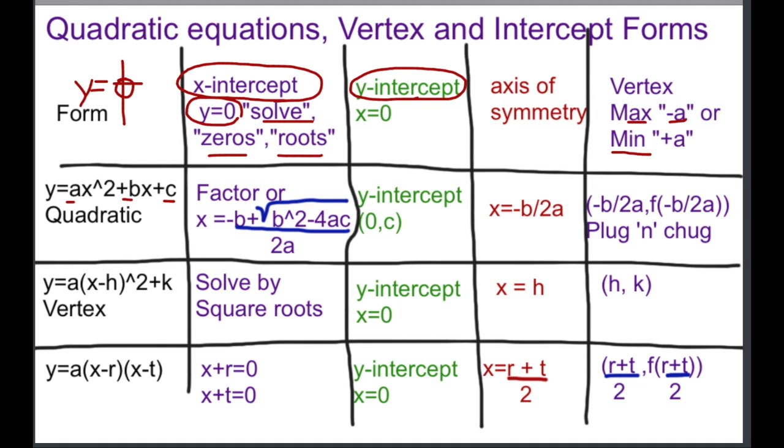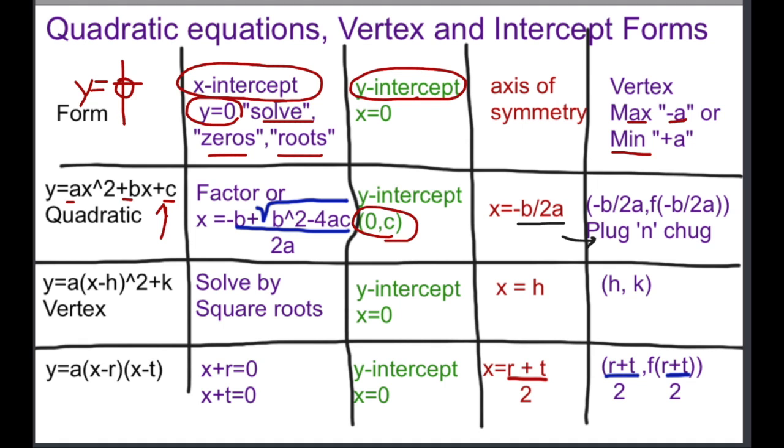Another nice thing about the quadratic form is the c, which is the y-intercept. That can sometimes be an easy one to see. If you want to find the axis of symmetry, you use the axis of symmetry formula, which is x equals negative b over 2a. Then to find the vertex, you plug and chug, plugging it into the original equation.